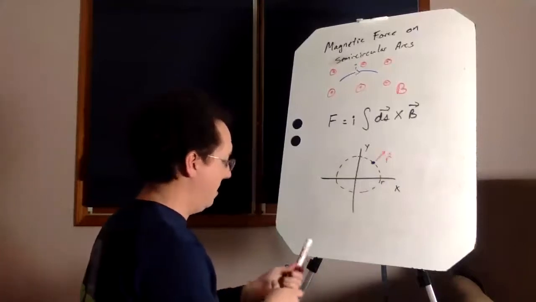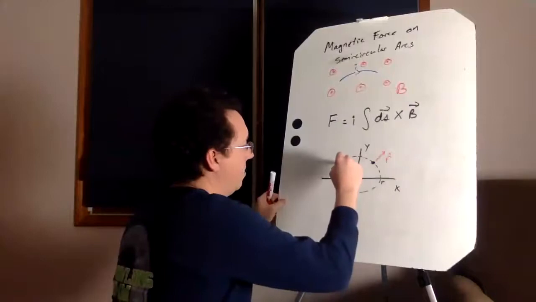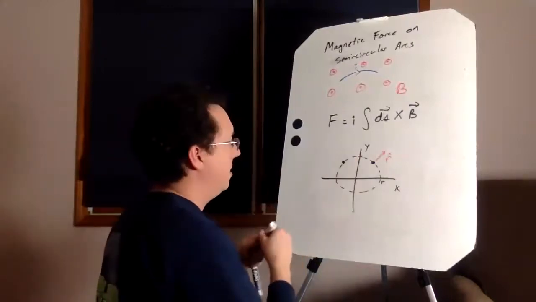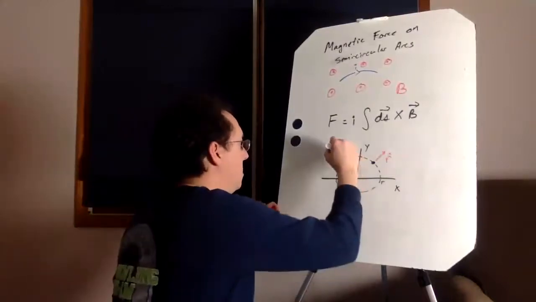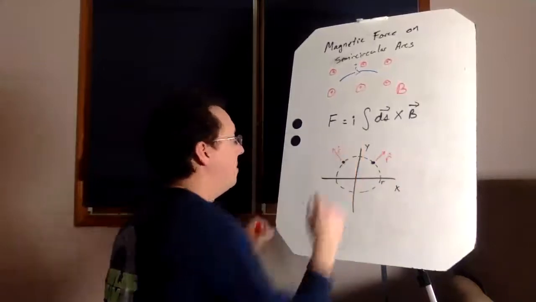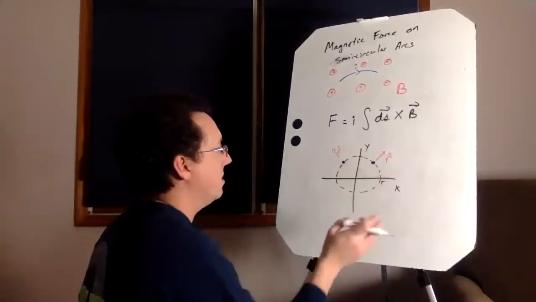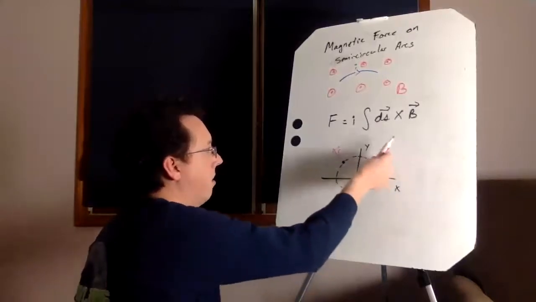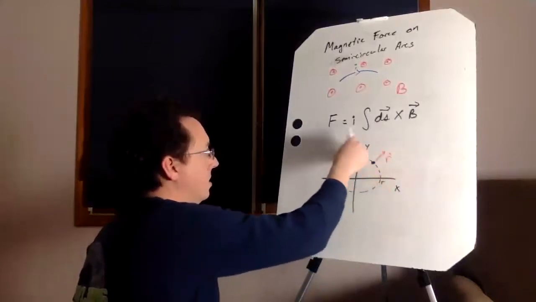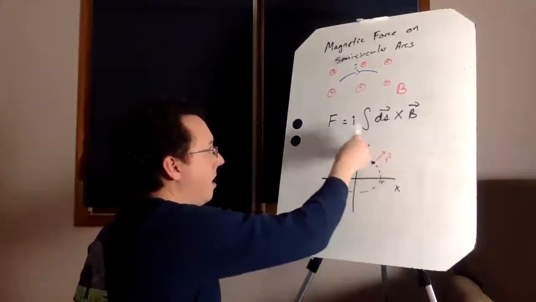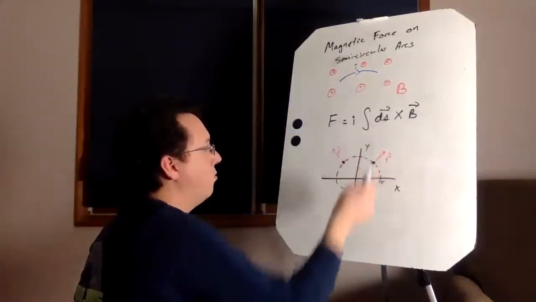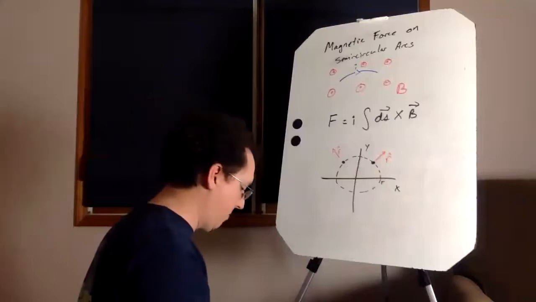If, on the other hand, you were standing over here, then r hat would point that way. Okay? It'd always be a unit vector, but the angle would change. And it's clear that r hat changes with the angle. It's not a constant unit vector. It depends upon where you're standing in the xy plane.